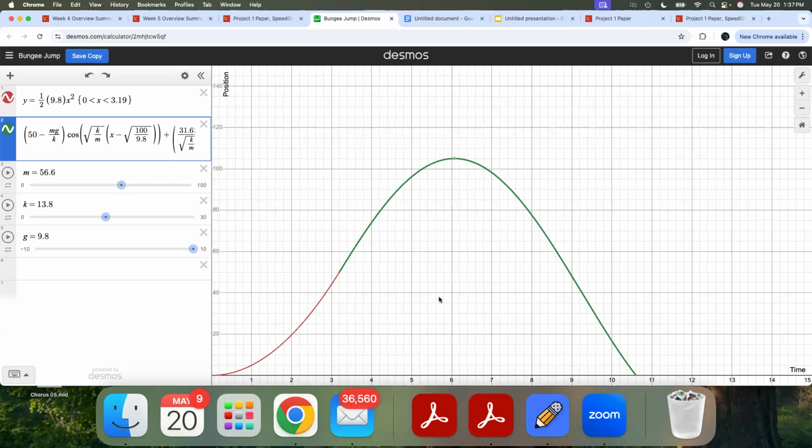Figuring out when you reach the maximum, we can just do numerically looking at the graph here. Similarly, figuring out when we get back to unstretched length, when we get back to 50, we can just do that numerically. Just kind of drag along here until we see when we're back at 50 for whatever scenario we're in.